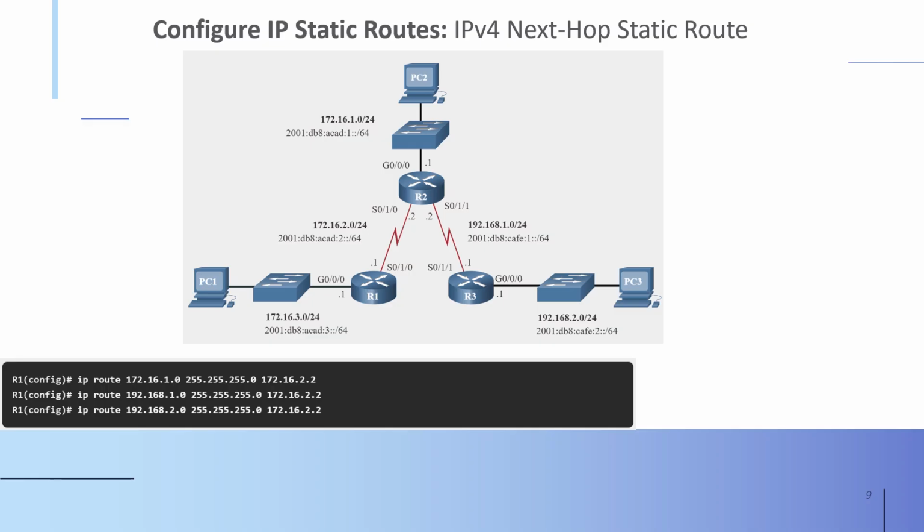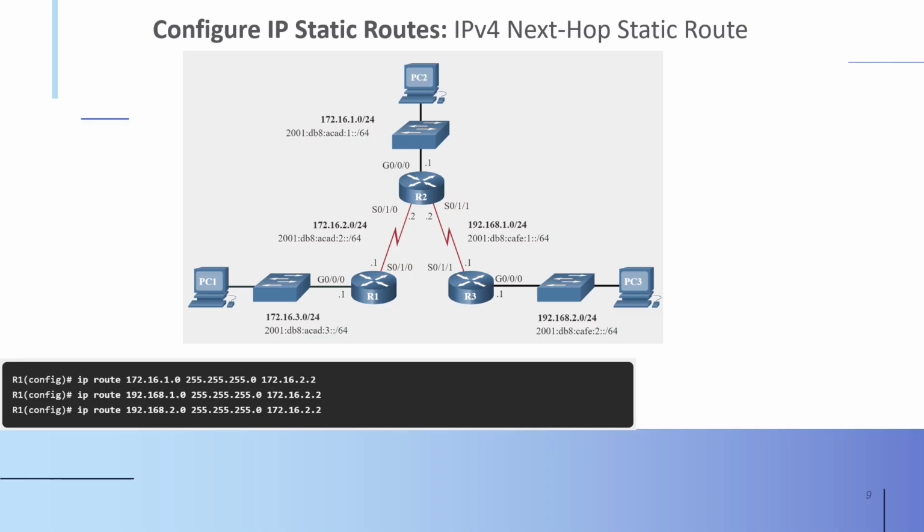Again, router 1, by using the IP route command, can reach the network 192.168.1.0, which is the network between router 2 and router 3, with the subnet mask 255.255.255.0 through the next hop, which is the IP address 172.16.2.2, the IP address of serial 0/1/0 of router 2.